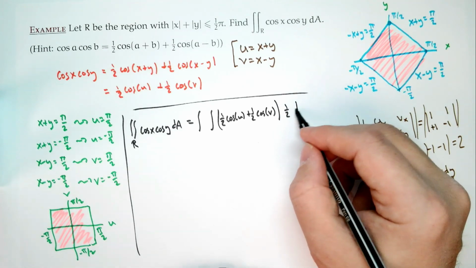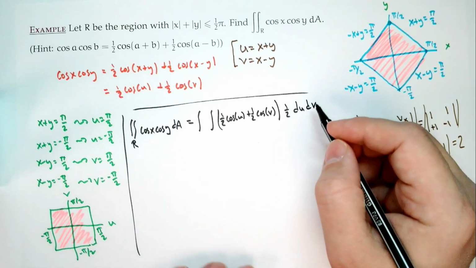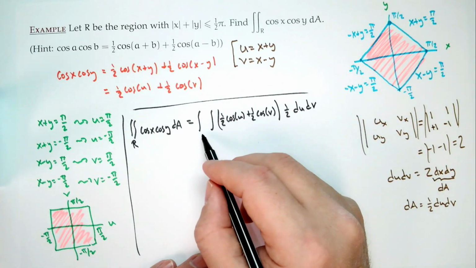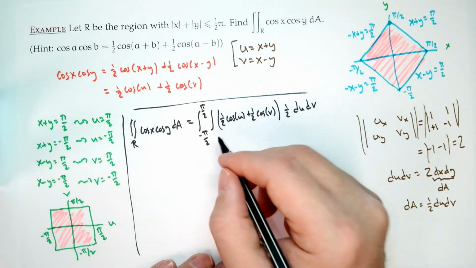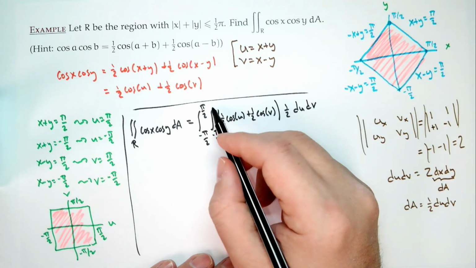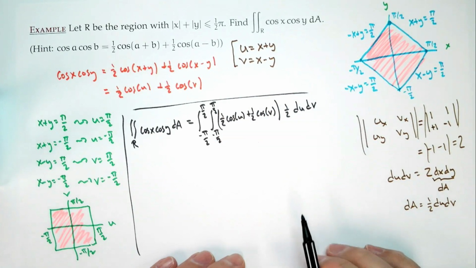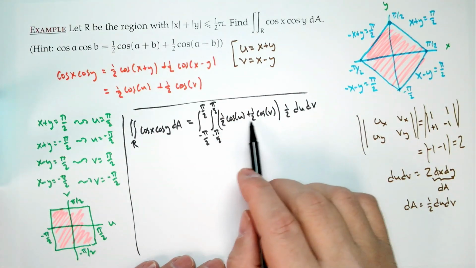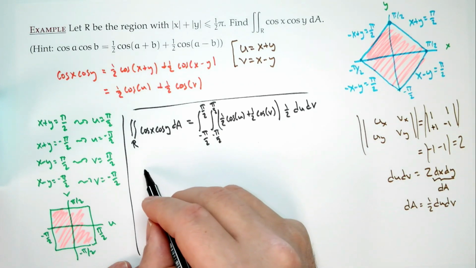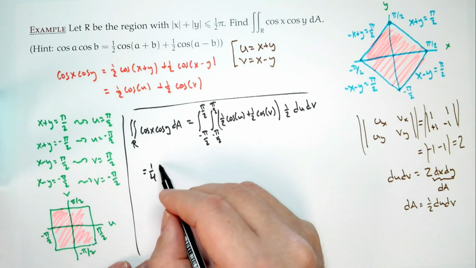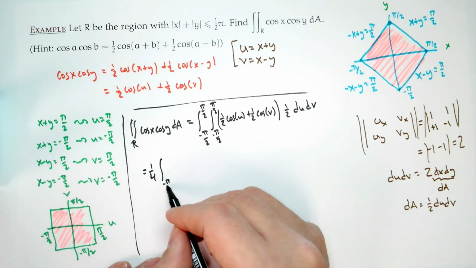In this case, it doesn't really matter. It's just a rectangle. There's no clear preference. Negative pi halves to positive pi halves, negative pi halves to positive pi halves. All right, a half can be pulled out of both these terms, and there's another half, so I can write this as a 1/4, and now we integrate the first layer.